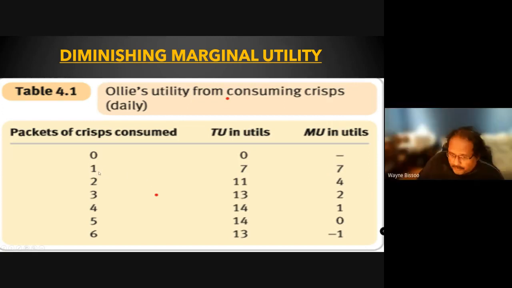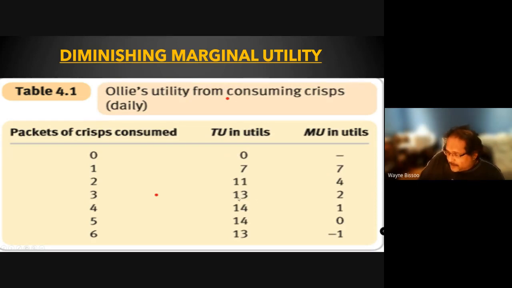Okay. So now, according to the table, he eats a second pack of crisps, and his total utility rises to 11. His marginal utility measures the change in total utility from the first packet. So 11 minus 7 gives us 4. That makes sense? Okay. The third pack that he consumes, his total utility rises to 13.